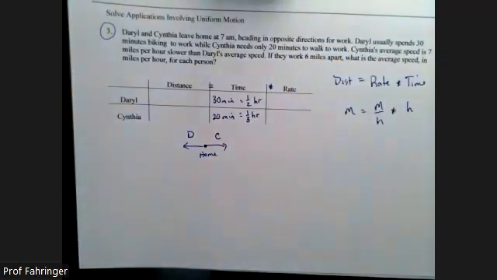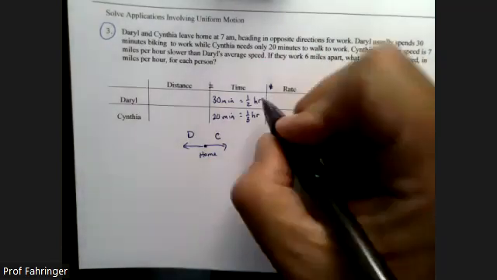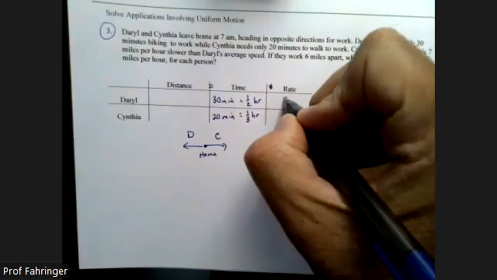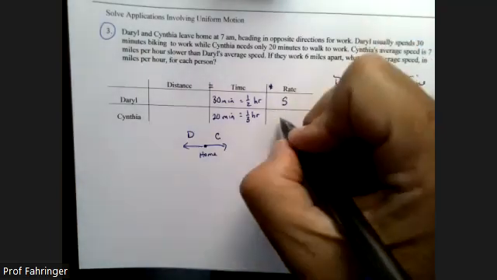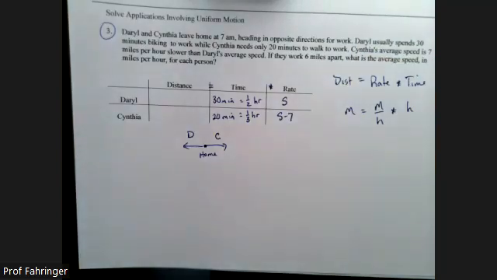So far, so good? Cindy is 7 miles per hour slower than Daryl's speed. What's Daryl's speed? Give me the classic answer. I don't know. X. How about S for speed? Daryl's speed is S. Cindy's is 7 miles per hour slower than Daryl's speed, so S minus 7.